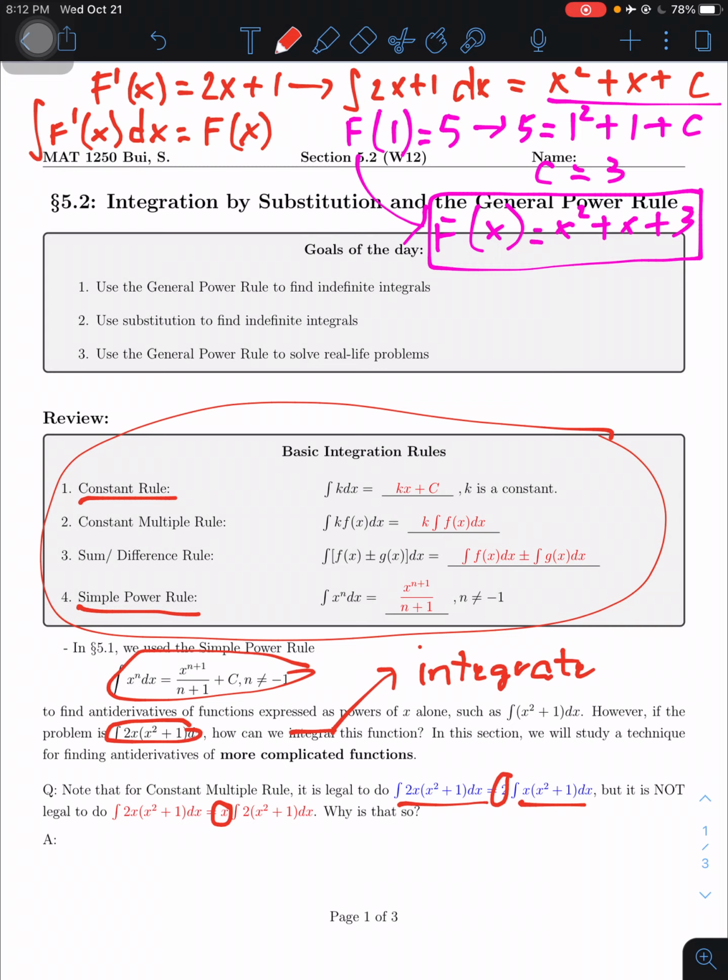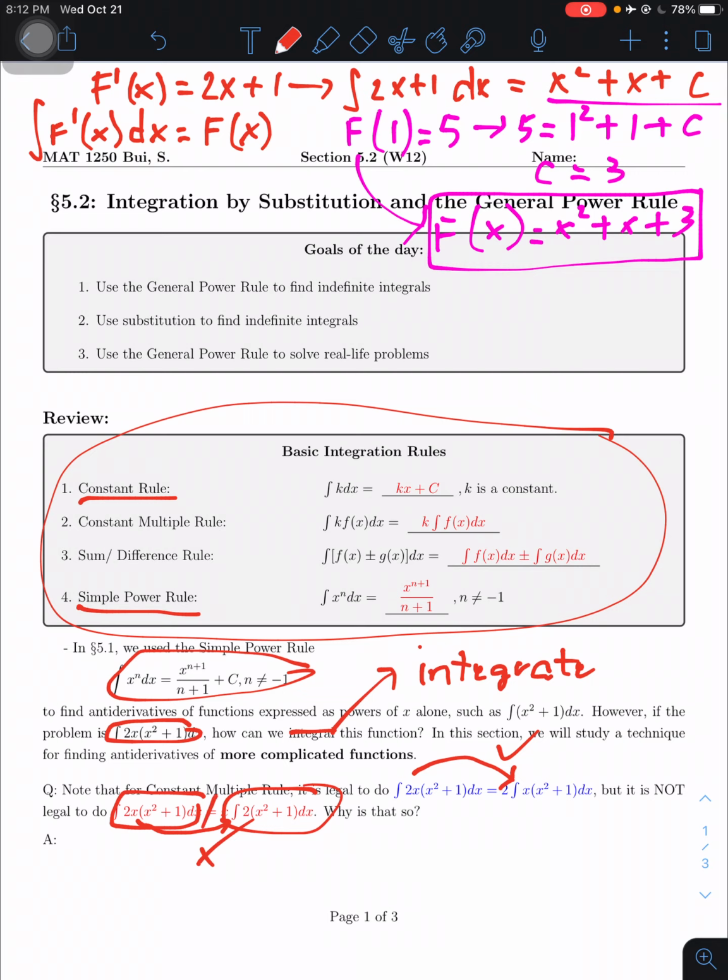Okay, let me backtrack and draw an arrow on this one. Pulling out the 2 is acceptable, but pulling out the x is not acceptable. And why is that so? Is there any reason why we cannot do it? Well, there is, because x here is not a constant, and this integral and this integral are going to give you different answers.